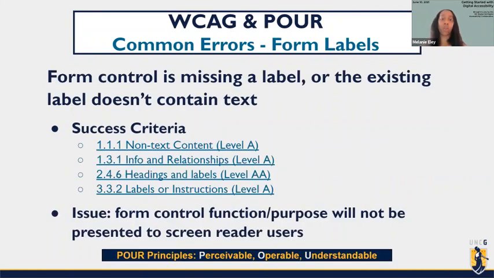The next one here has several success criteria that fall under this issue, and this is our form labels. Form controls are things like a submit button, a radio button, check boxes, forward and back buttons, anything where you're having to engage or enable something, and the web page is going to do something else as a result. When these types of form controls aren't properly labeled, they will be flagged as a WCAG error.